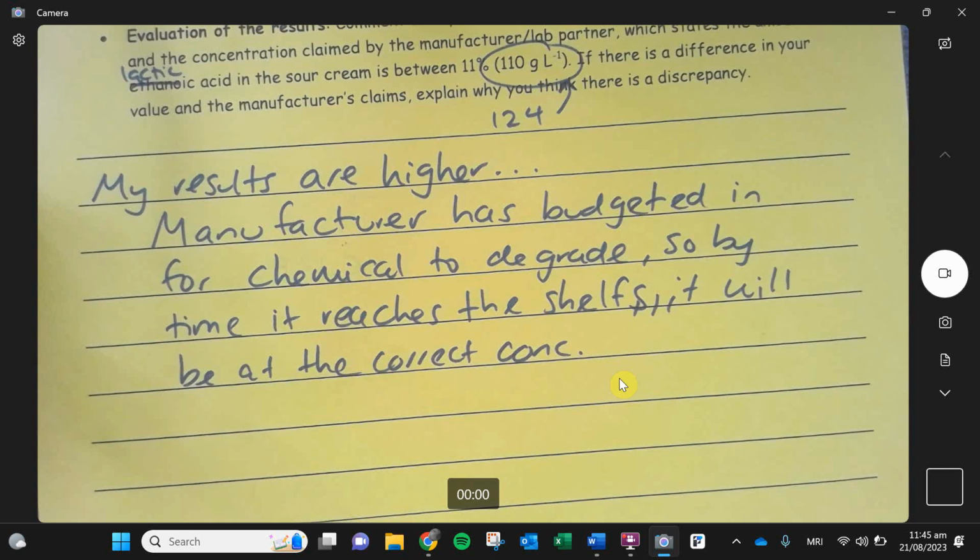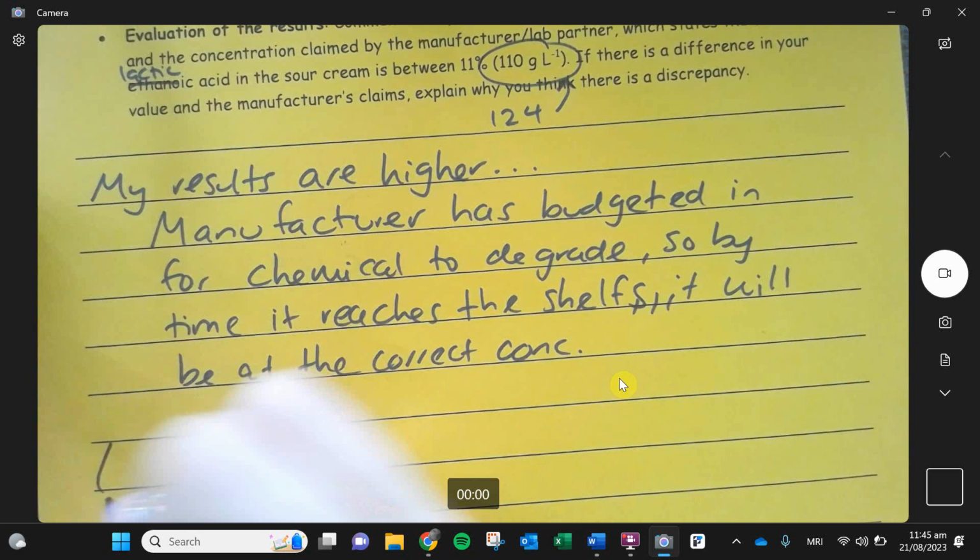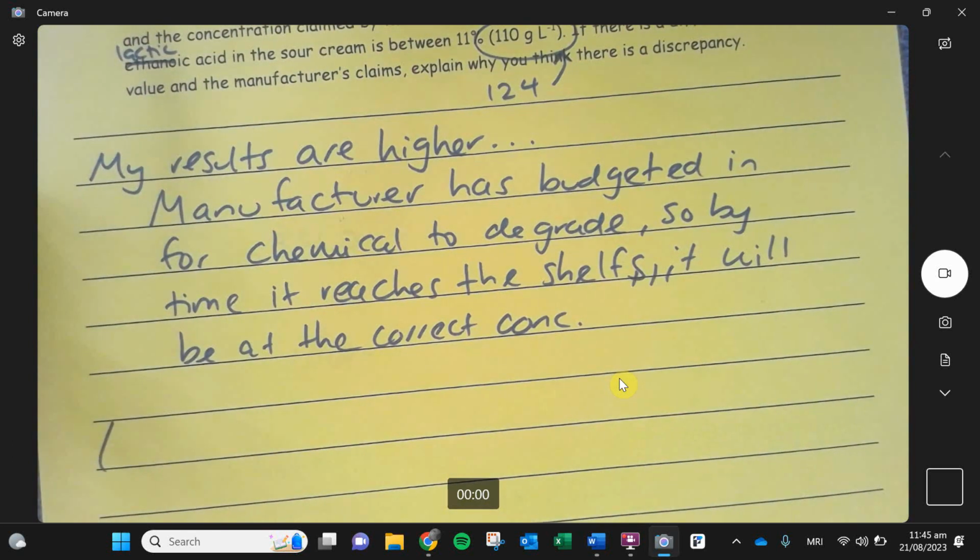On the flip side, if your results are lower than what the manufacturer is claiming, I'm just going to do this in parentheses so you know.